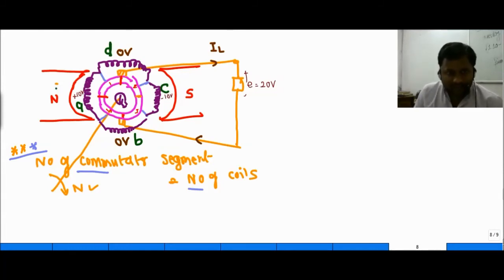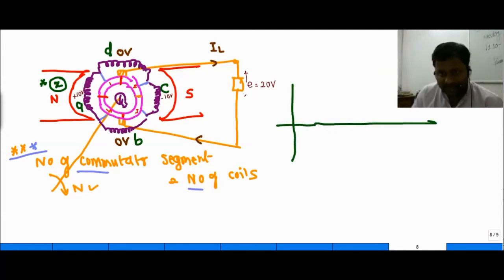If I observe this location X, this is the location X, and try to plot the conductor positions, then we can say the induced EMF is like this. At this point, A has the maximum induced EMF, and it is moving clockwise and reaching 0 volt.